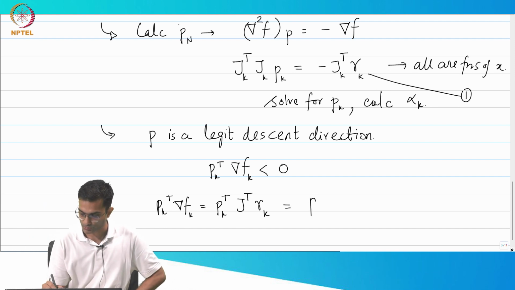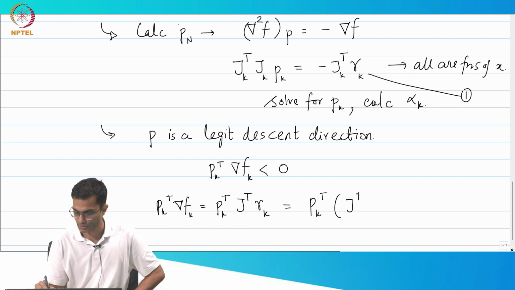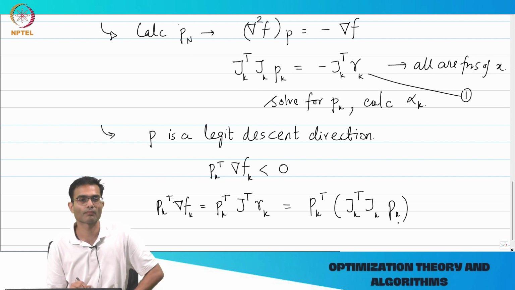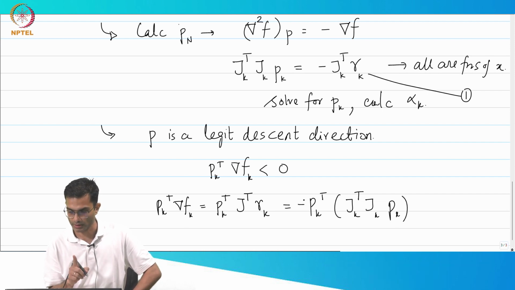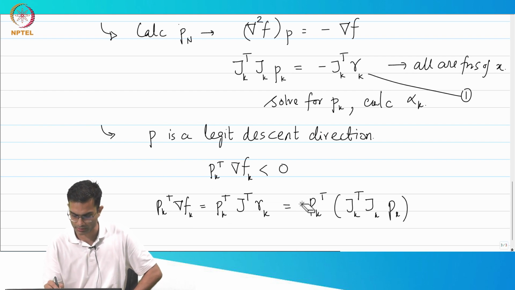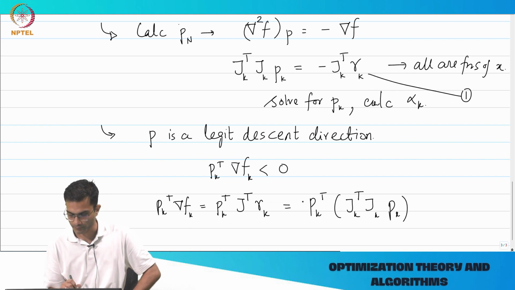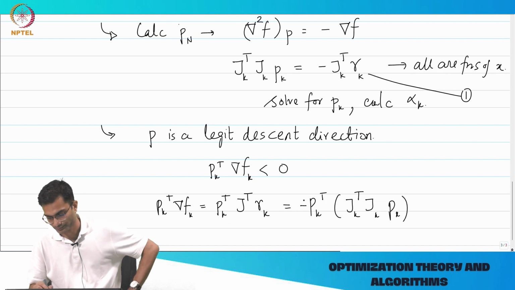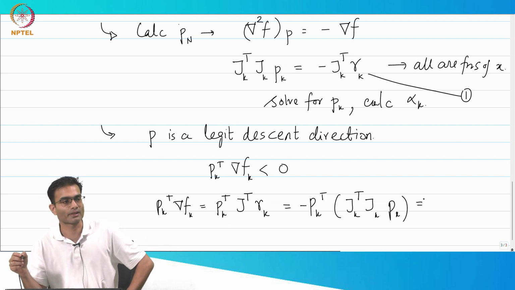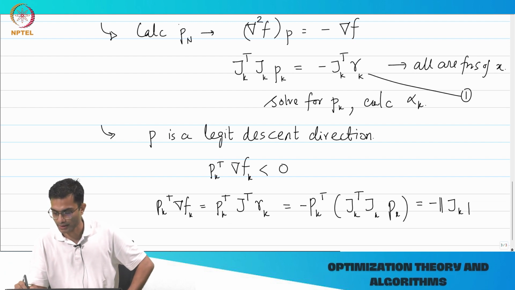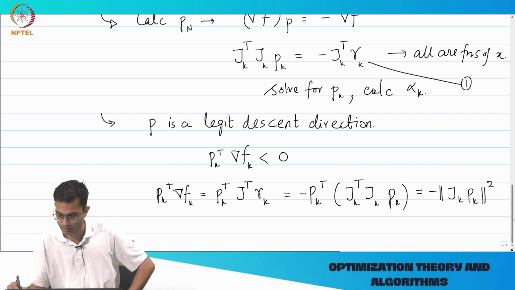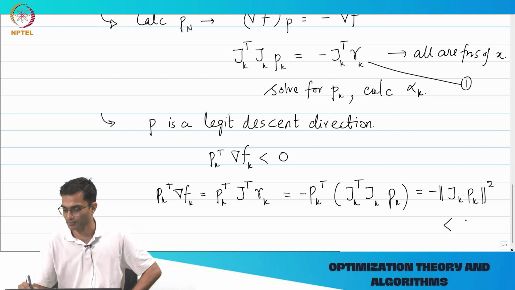So this would become pk transpose J transpose J pk, with a minus sign. This can be very conveniently written as the norm squared of Jk pk, and you can see this is definitely something that is less than 0.